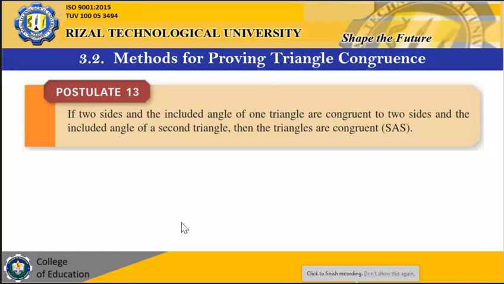In the continuation of our discussion on triangles, let's talk about postulate 13, which said that if two sides and the included angle of one triangle are congruent to the two sides and the included angle of a second triangle, then the triangles are congruent.